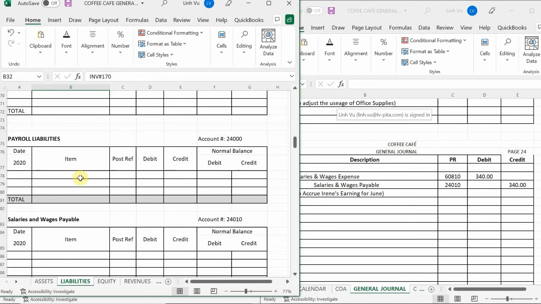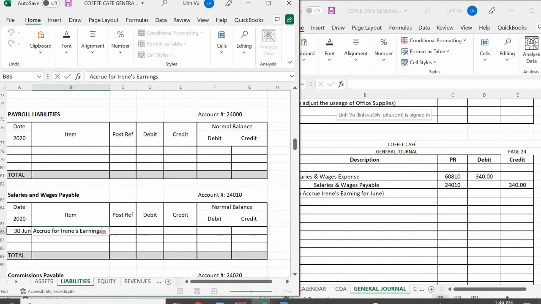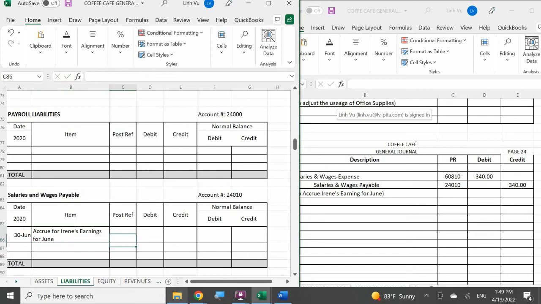So right here, salaries and wages payable. Accrue Irene's earnings, for $340.